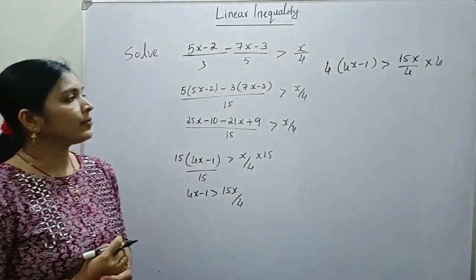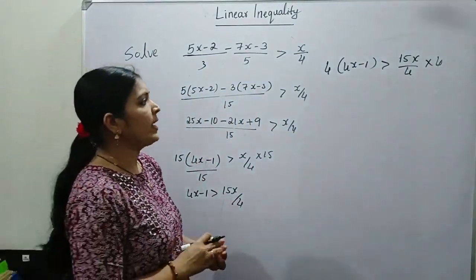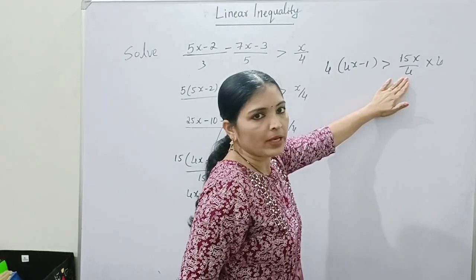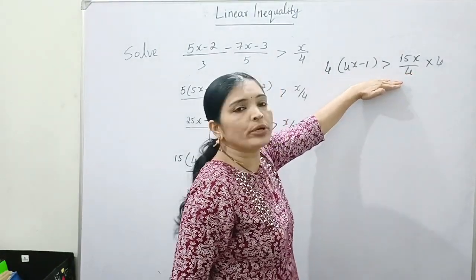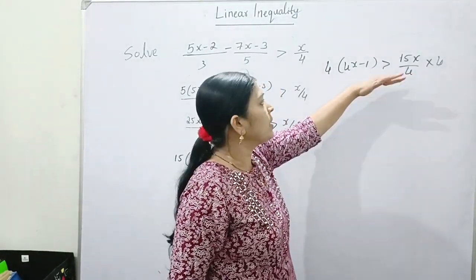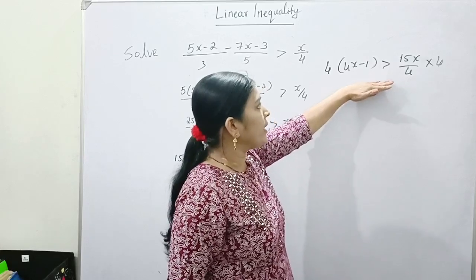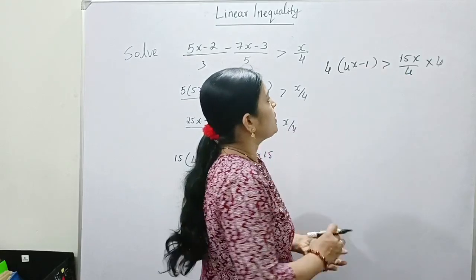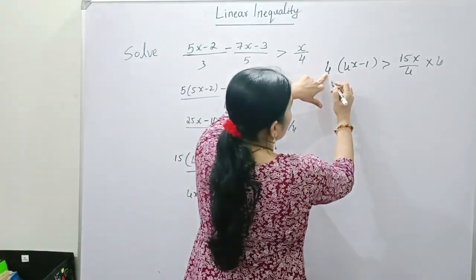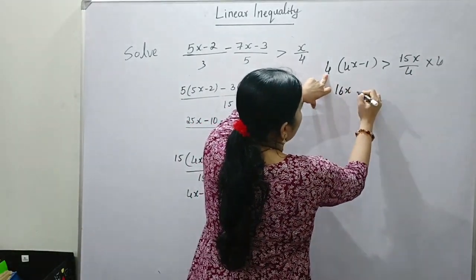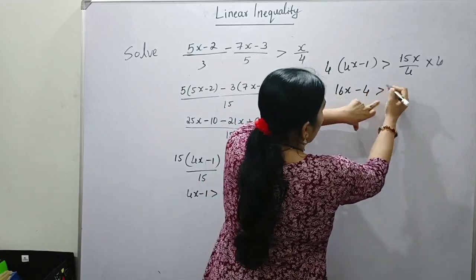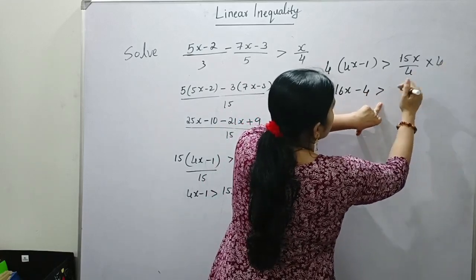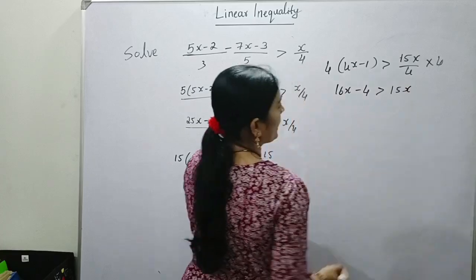We multiplied 4 on both sides so that this 4 will be cancelled. This step also no need to write during exam, because you don't have enough time to write. So here 4 into 4, 16x minus 4 greater than, here 4 cancelled, so 15x.